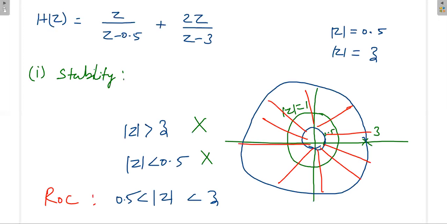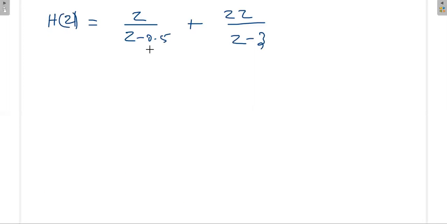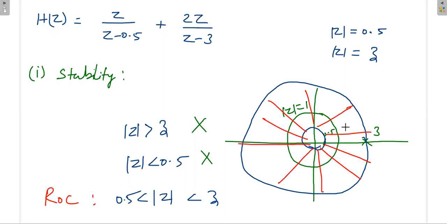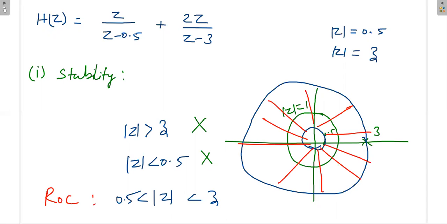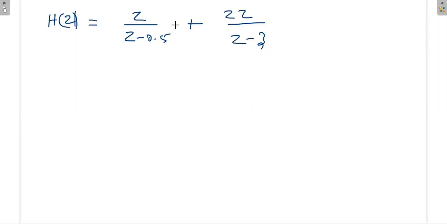With respect to 0.5, where is the ROC? With respect to 0.5, ROC is outside. Because 0.5 is there, ROC is outside the 0.5. That means this is a right-sided signal. The first signal is a right-sided signal. So 0.5 whole power n u of n.